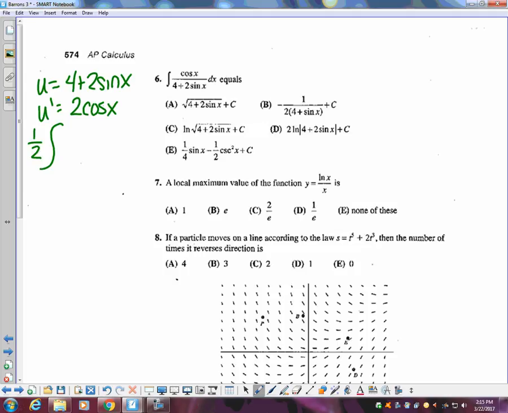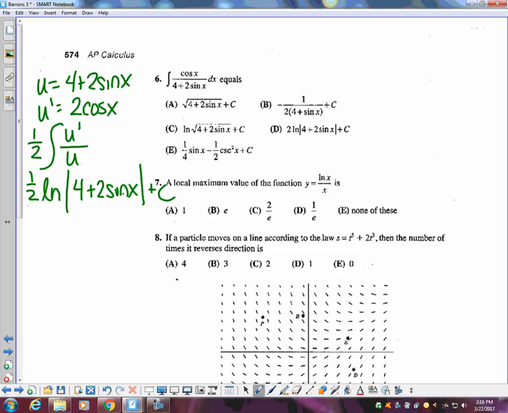So now I have u prime on top over u. Okay, now we just talked about this one. When I have a plain old u on the bottom with no powers and a u prime on top, that's my ln. So I have 1/2 ln of u. Now let's put u back in here. u is 4 plus 2 sine x, plus c because we're not integrating it.